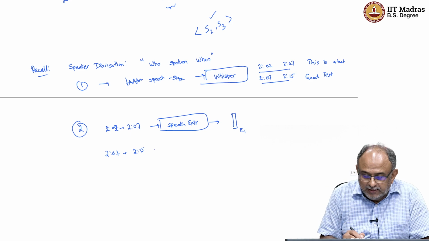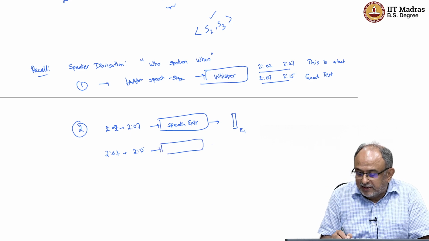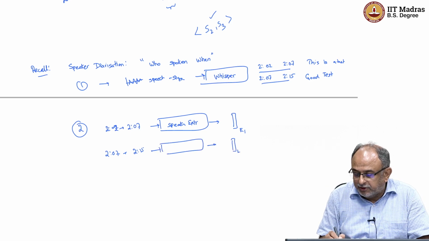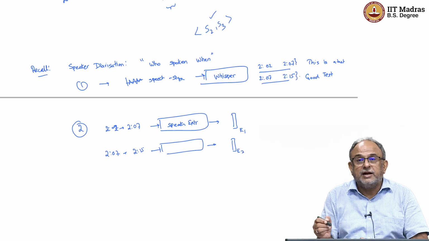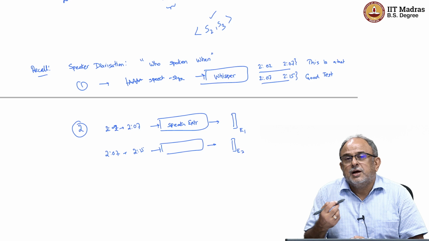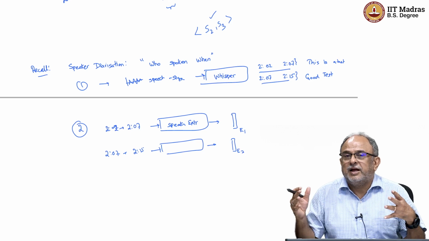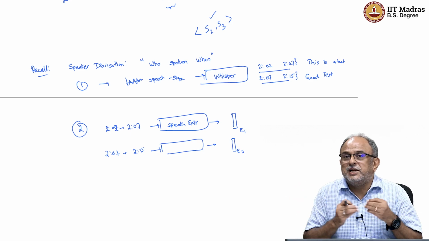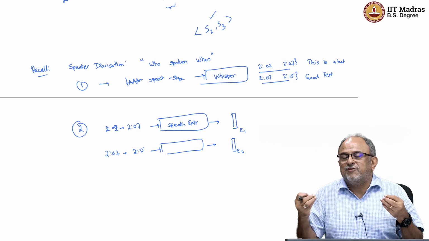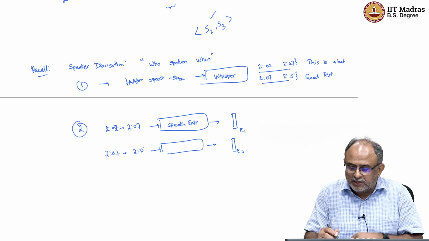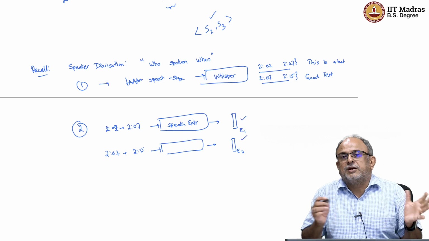Then again the speaker embedding extractor comes and I get vector 2. Of course, these time intervals need not be of the same duration, but the embedding extractor is taking the average. We assume the speaker does not change over that duration, and therefore I am only capturing the average characteristics, and that is well captured by the embeddings irrespective of the duration.